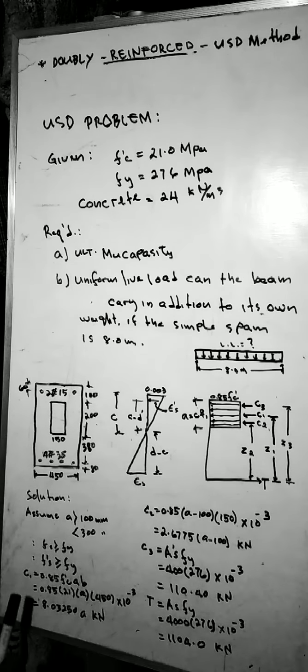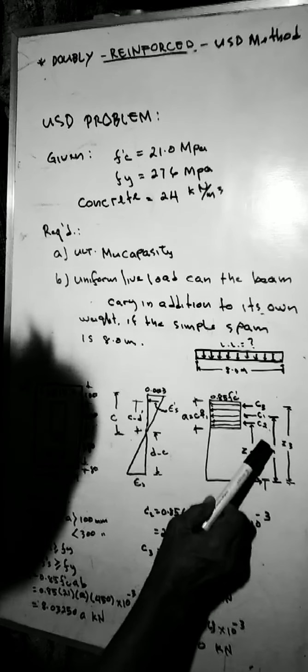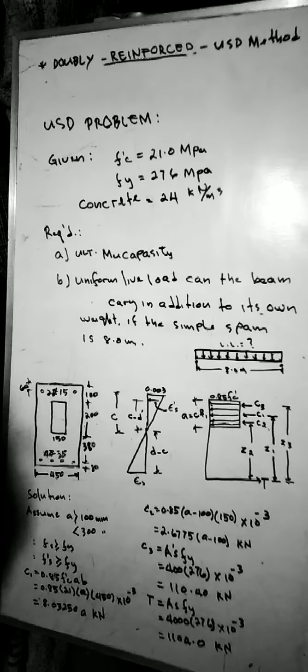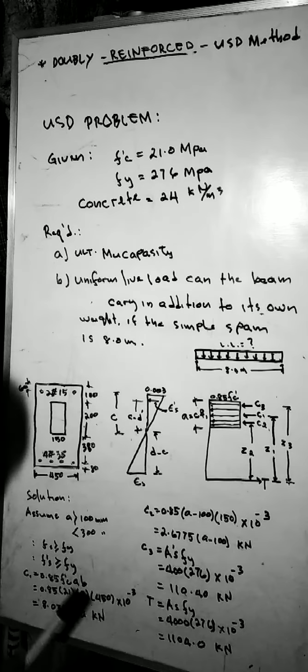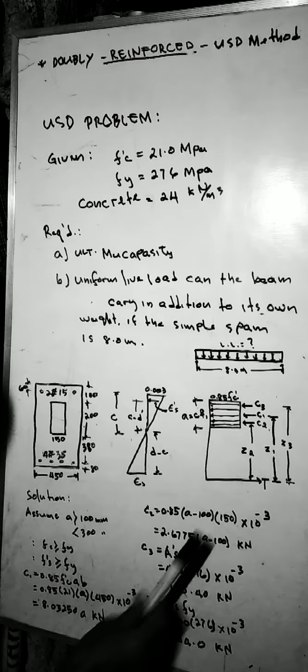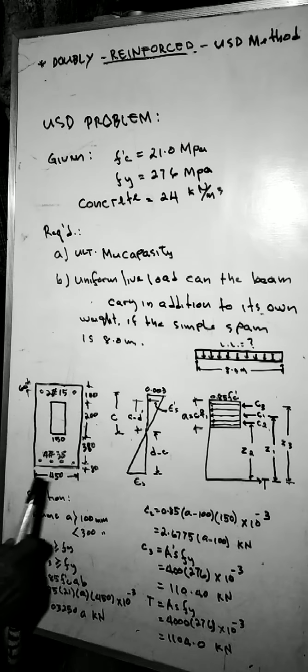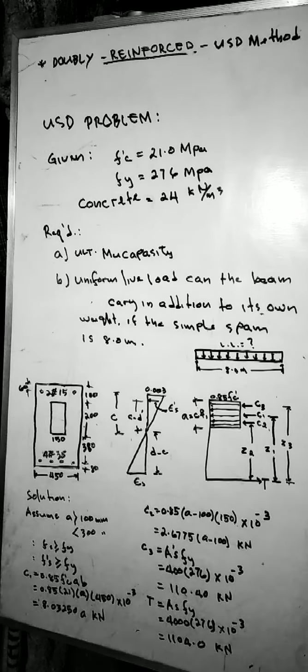Okay, we will compute the C. C1 is 0.85 f'c a b, where a is this one and b is the base of the beam. f'c is 21, b is 450, and a is unknown.